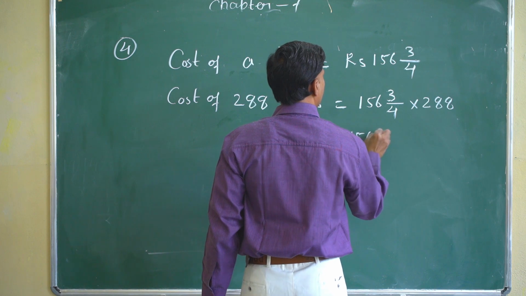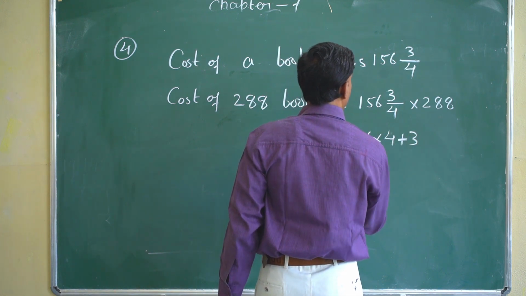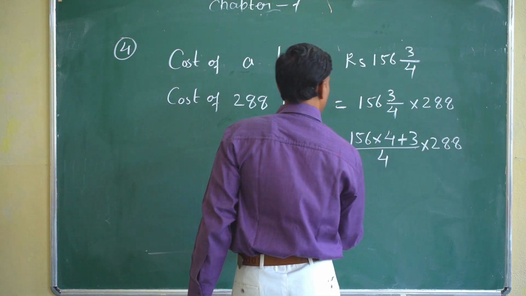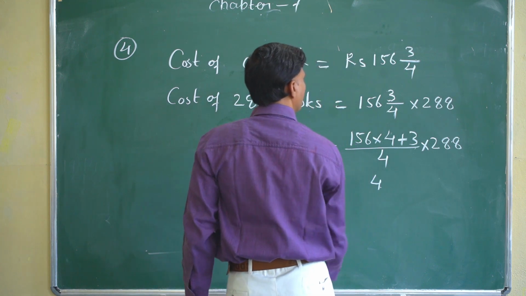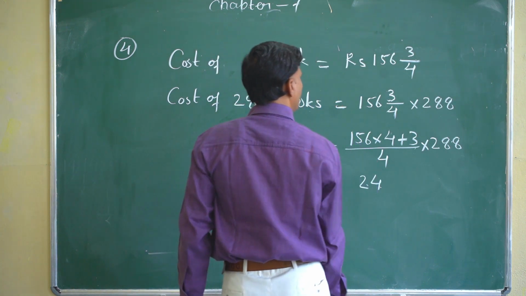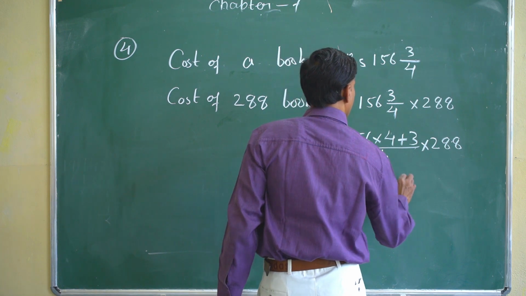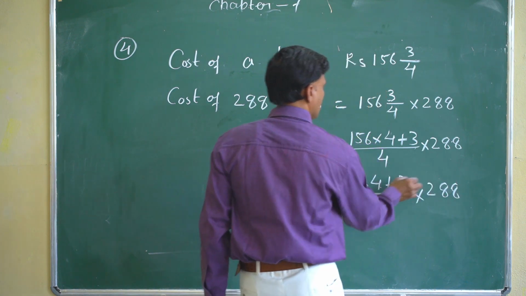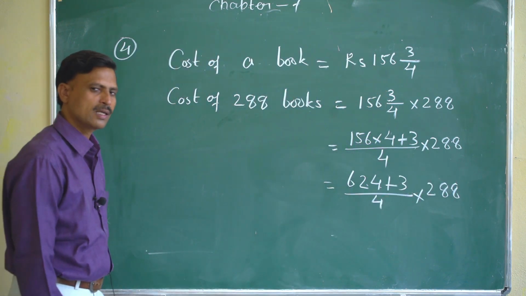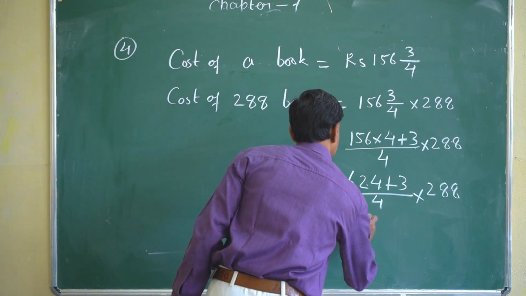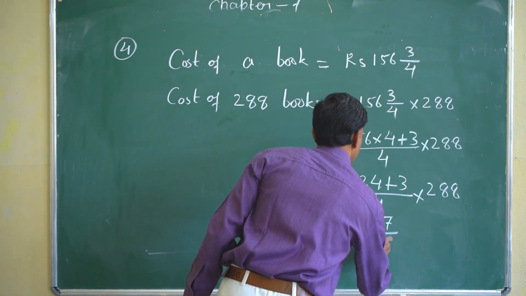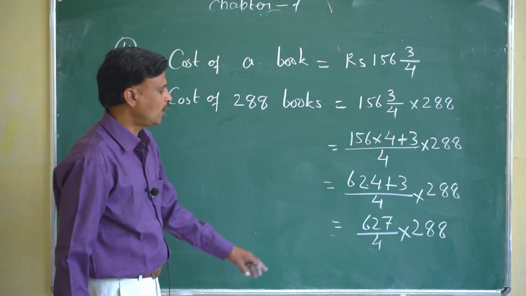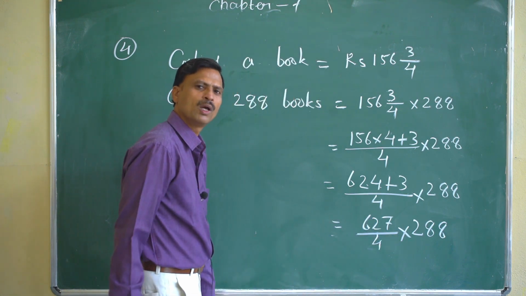So 156 multiplied by 4 plus 3, that is 624 plus 3, that is 627 by 4, multiplied by 288. Got it? Now this 288 will be divided by 4. How many times will it be divisible?